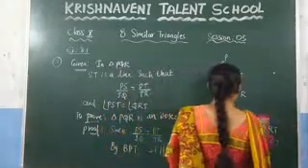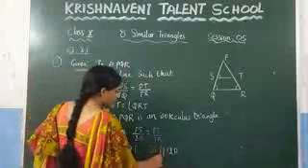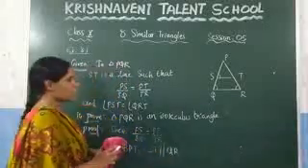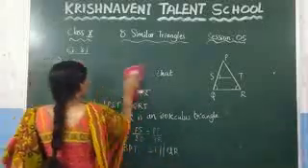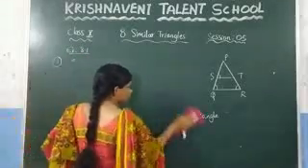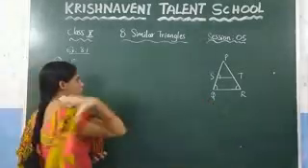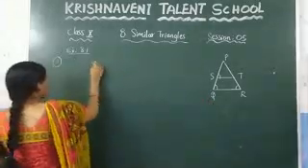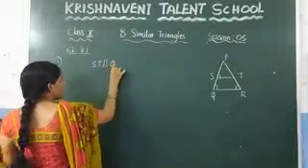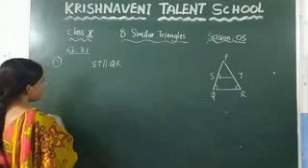Now here, write the proof of this one. Up to where we have written, ST is parallel to QR. So here I am rubbing this one. So what we got here? We got ST is parallel to QR. If ST is parallel to QR, what can we say about PQ, which is nothing but the transversal?